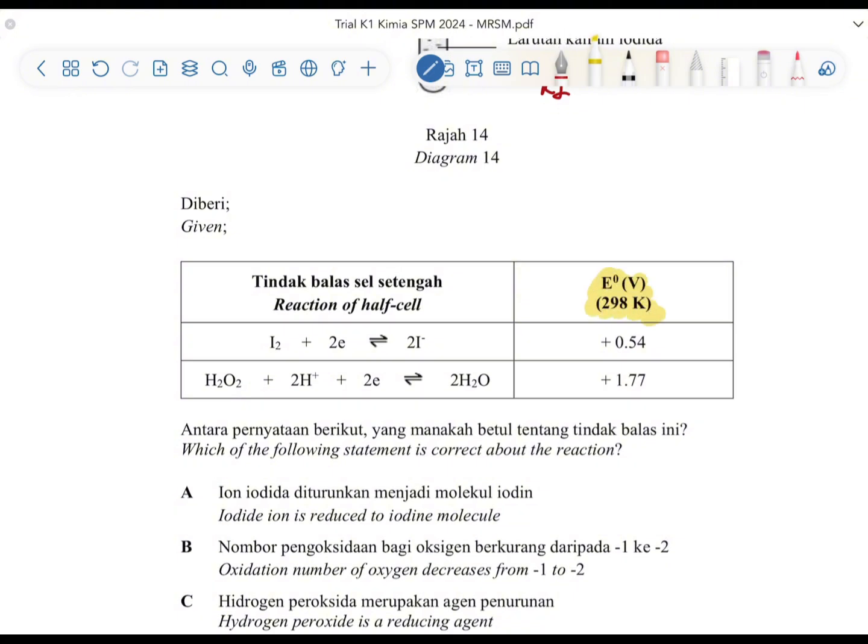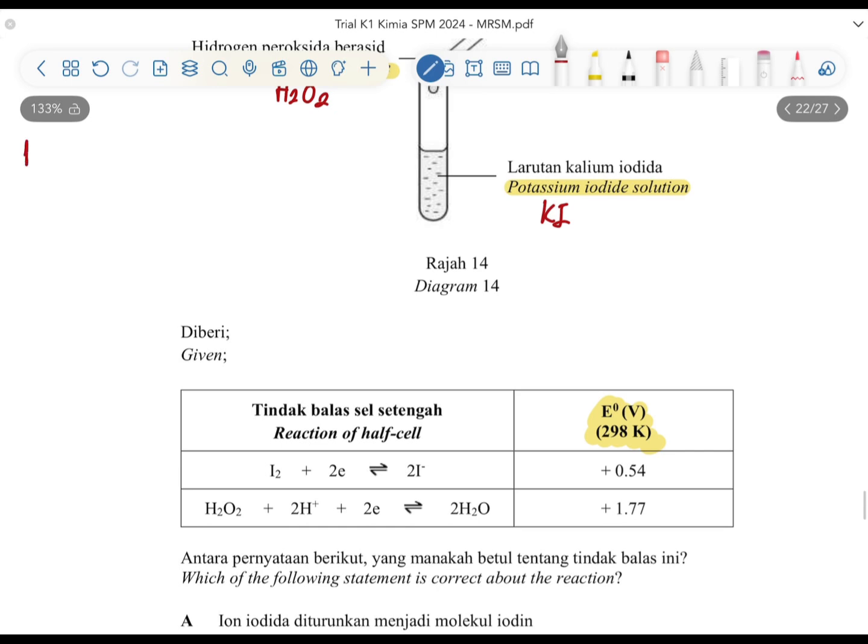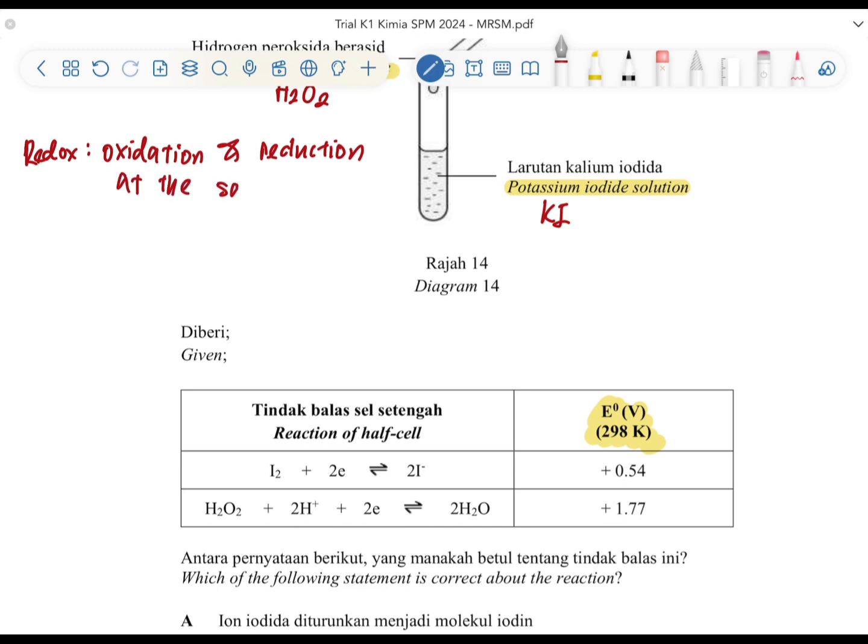We are given the reactions of the half cells and we are provided with the E0 values as well. Actually this is a redox reaction. Redox reaction means the oxidation and the reduction reaction occur at the same time. Since it involves oxidation and reduction, for sure we also have the oxidizing agent and the reducing agent.